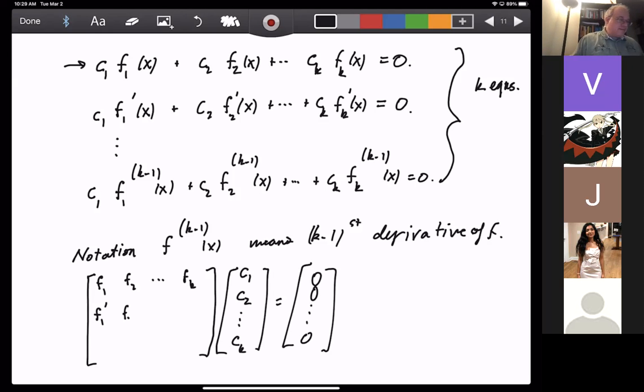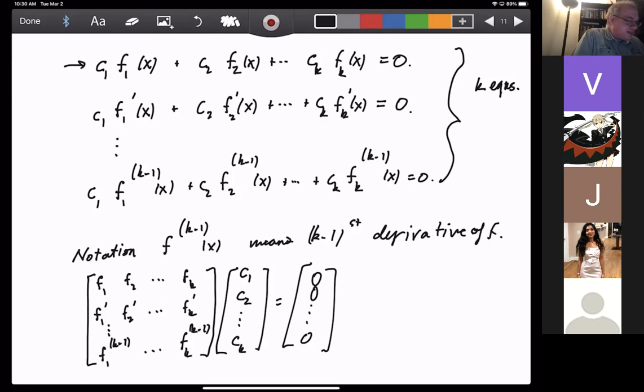All right, so the coefficient matrix here now, if we lump all of these together, is going to be built out of my functions and their derivatives. So the top row of this matrix is just made out of the functions f1, f2, up to fk.